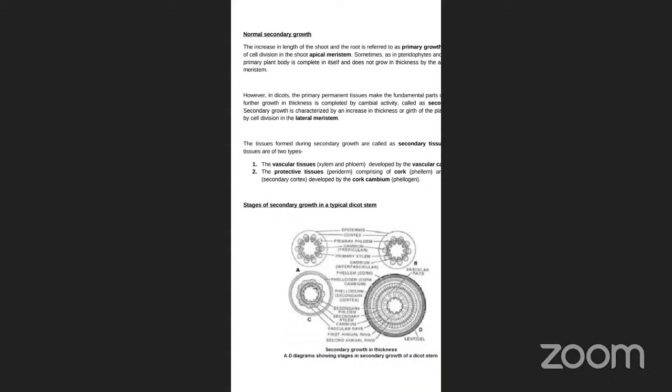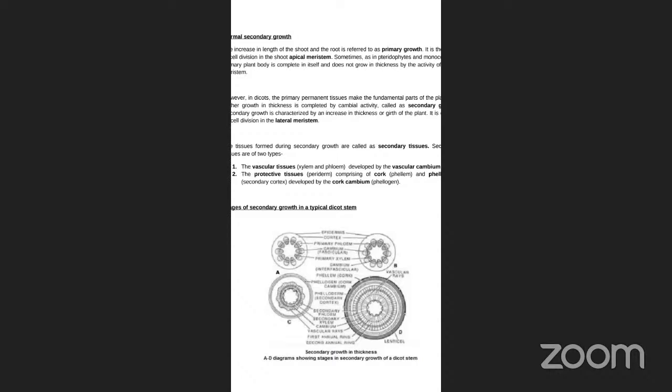It is the result of cell division in the shoot apical meristem. All these activities involve the shoot apical meristem, which is the main important tissue.